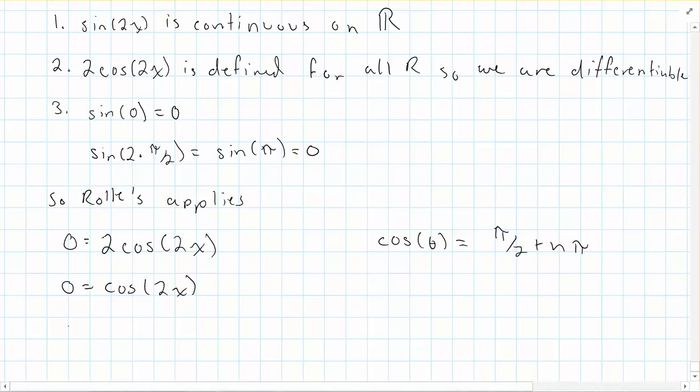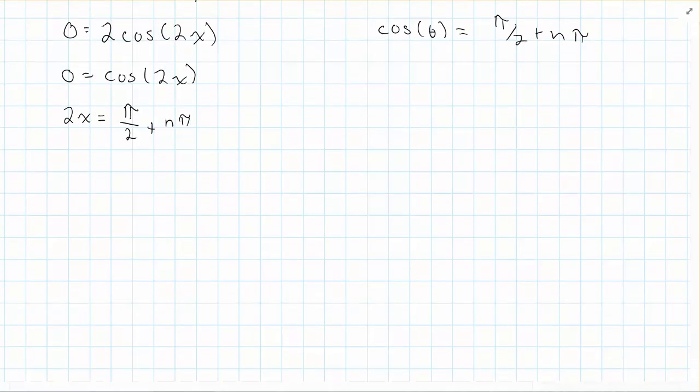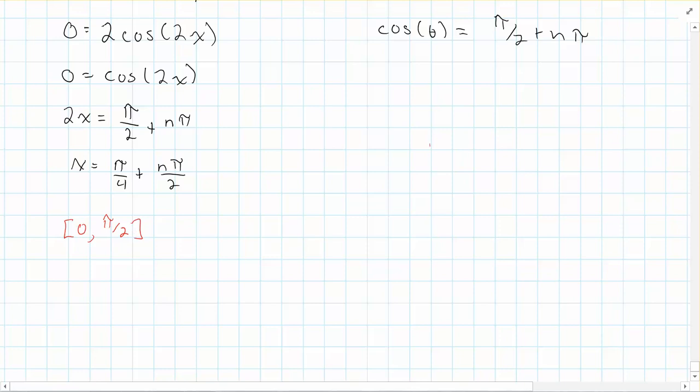So we would have 2x is equal to pi over 2 plus n times pi. So you get x is equal to pi over 4 plus n times pi over 2. And then we have to make sure we pick the ones that are in the interval. So remember, the interval that we were given in the original problem was 0 to pi over 2. So I'm going to make a little table over here.